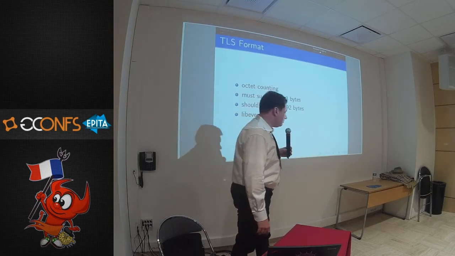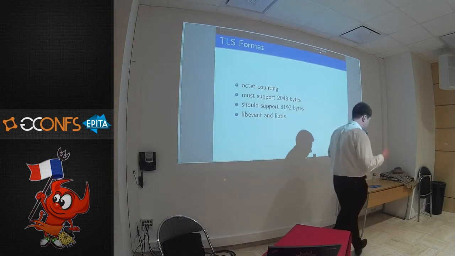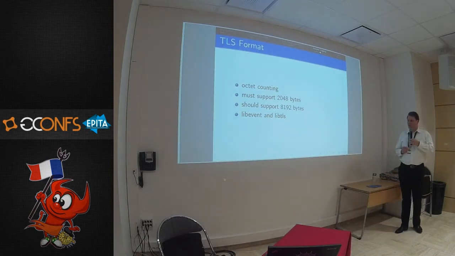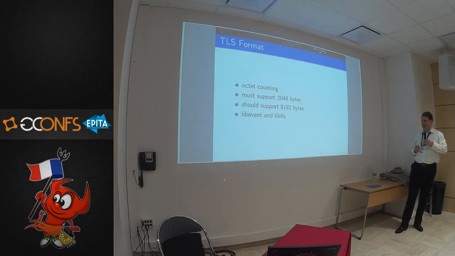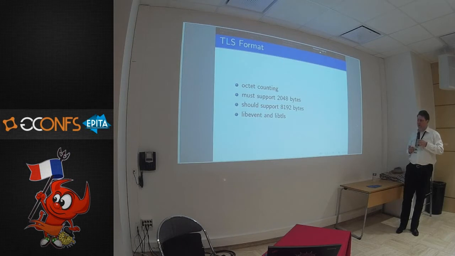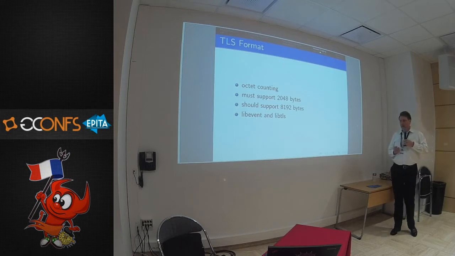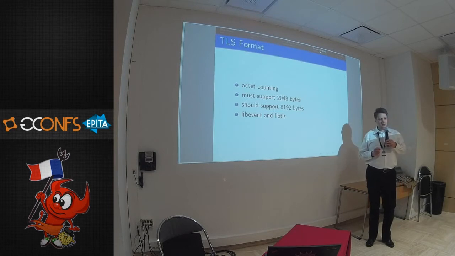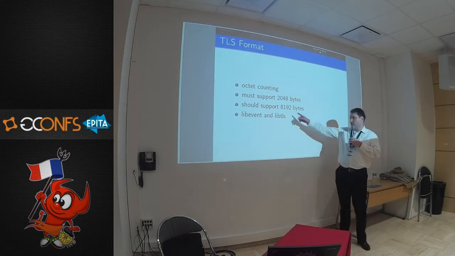So the TLS format, there we have an RFC, and it says octet counting is the only supported format. Then you must support 2000 bytes, and you should support 8100. And what I did is I added a global constant that says syslog messages have that maximum size and everything else is truncated.